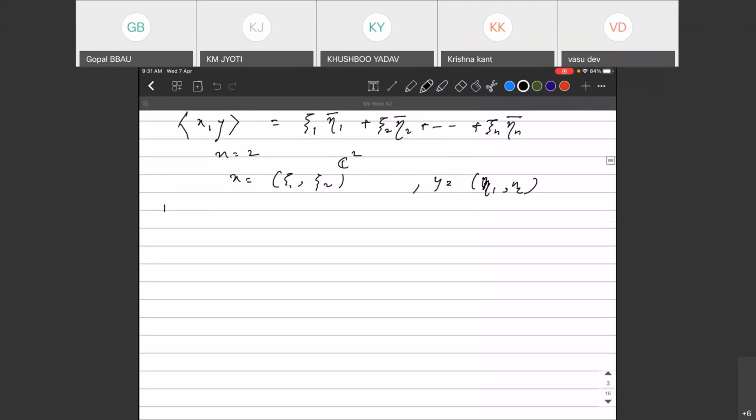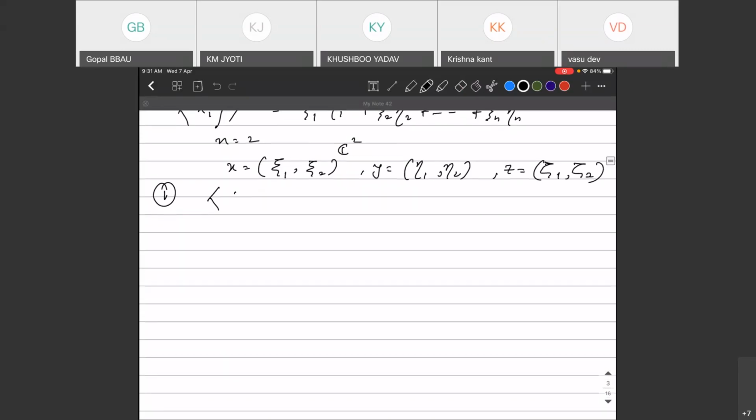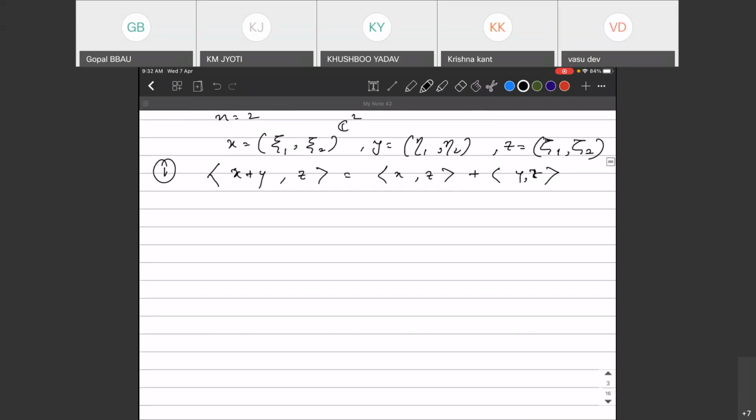Then what you have to show is that the inner product of x plus y with z is the same as x comma z plus y comma z.